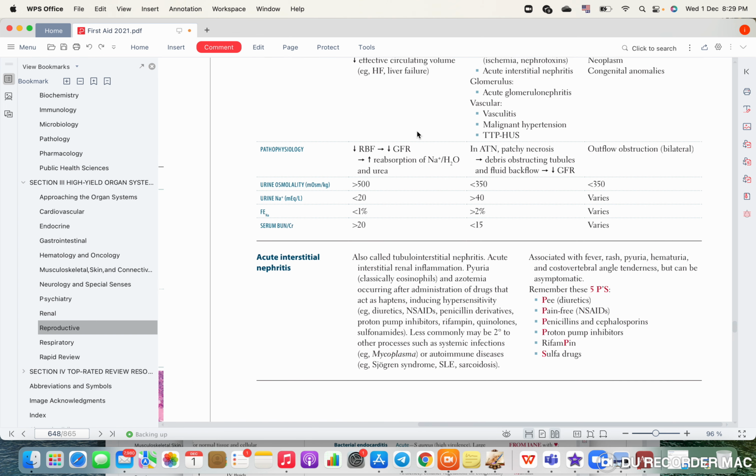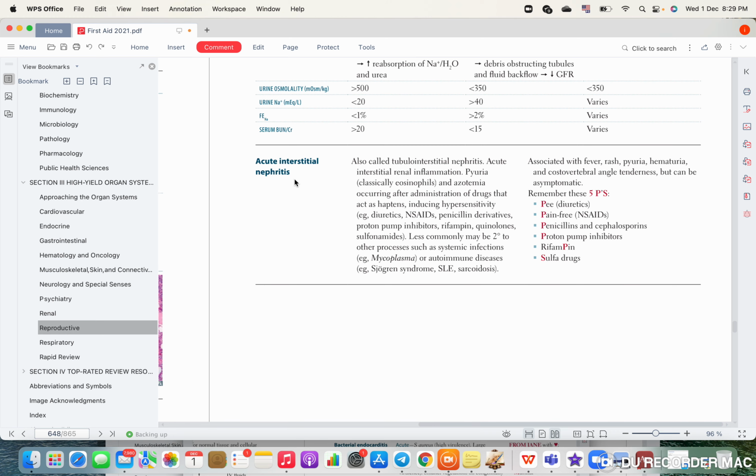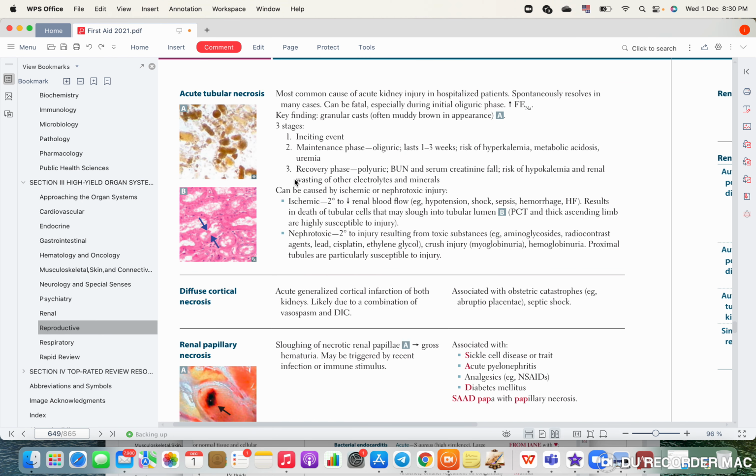Exactly. Good. So in case of acute interstitial nephritis, which type of cast are you going to see in the urine? Not RBC. Eosinophils, exactly. Good. And can you tell me, please, in case of acute tubular necrosis, which type of cast are you going to see?